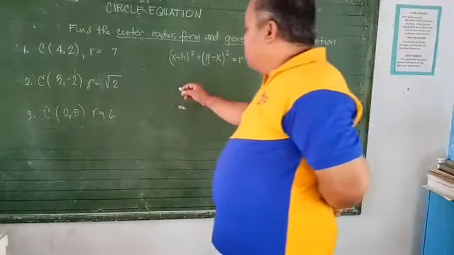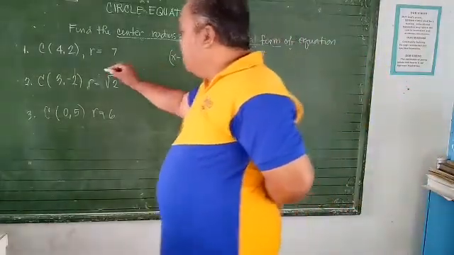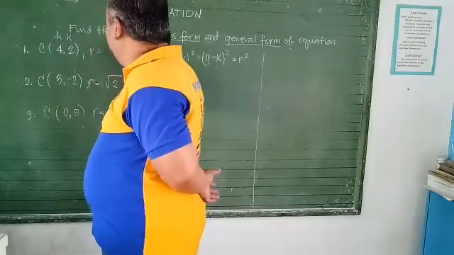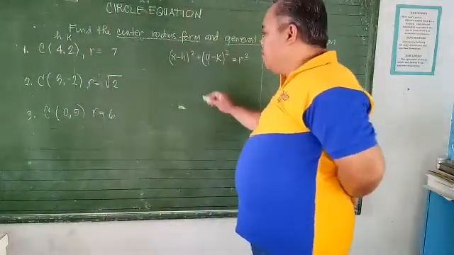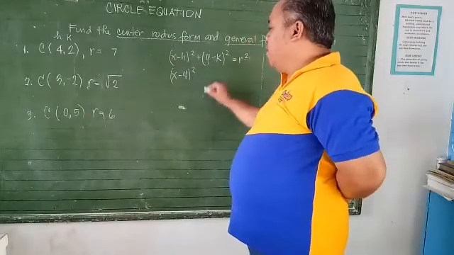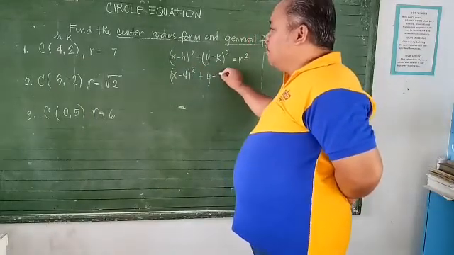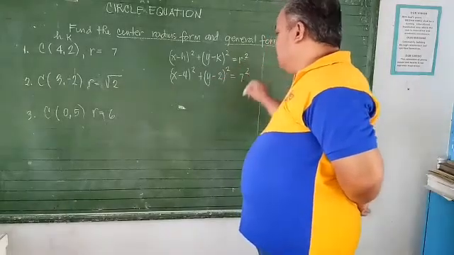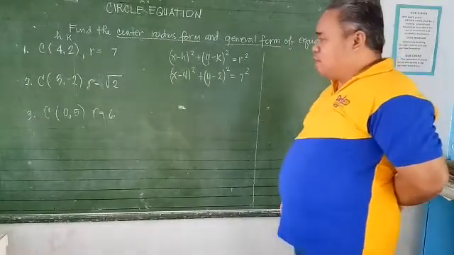And then the value of h here, ito yung h, and ito yung k. And this is your r. Okay. So your equation is (x - 4)^2 + (y - 2)^2 = 7^2.